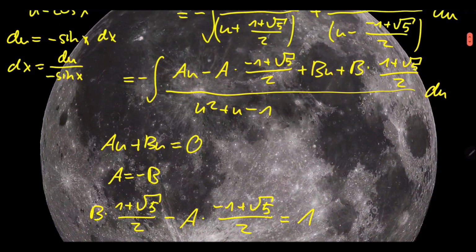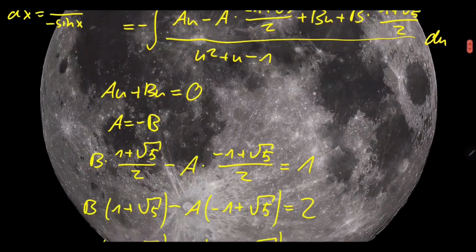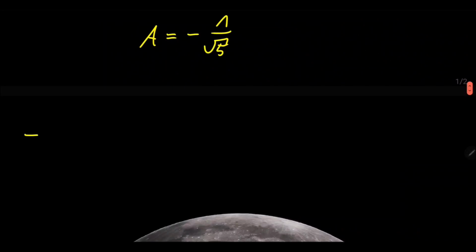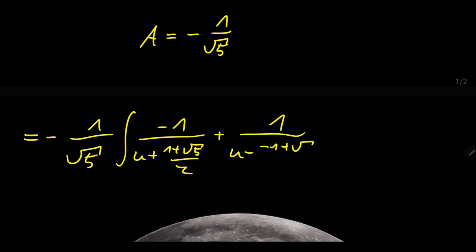And if we have a look at our integral in this form here, we'll see that we can now write it as minus 1 over the square root of 5 times the integral of minus 1 over u plus 1 plus the square root of 5 over 2 plus 1 over u minus 1 plus the square root of 5 over 2 du.